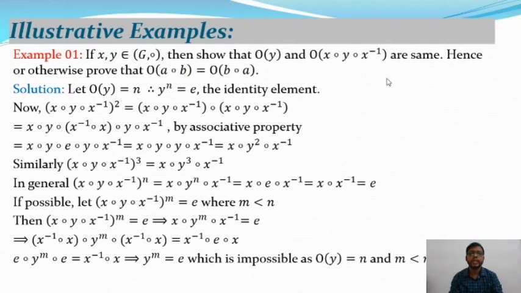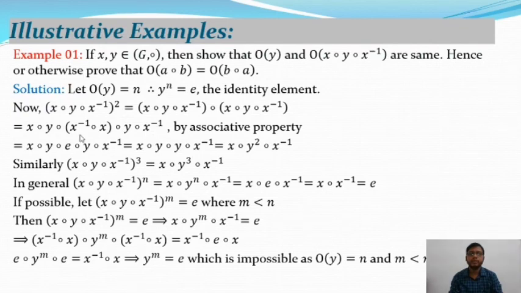So you know that a square is equal to a composition a. So applying this, we will get this. Now applying the associative property of group theory, we are seeing x composition y composition x inverse composition x composition y composition x inverse.